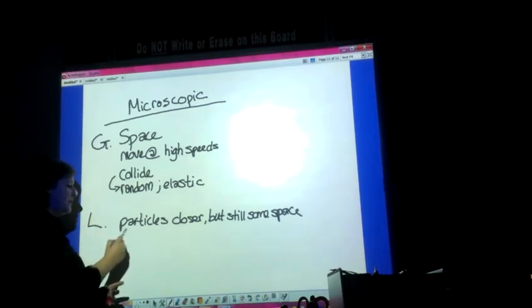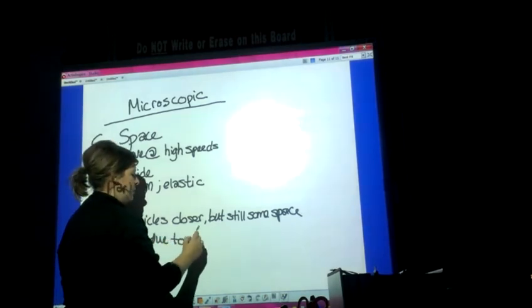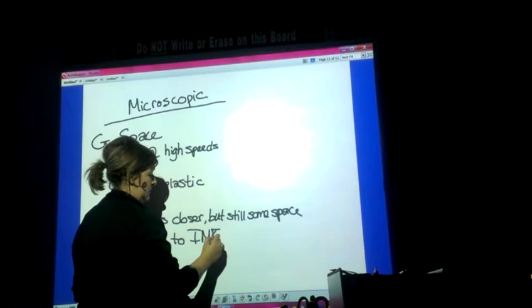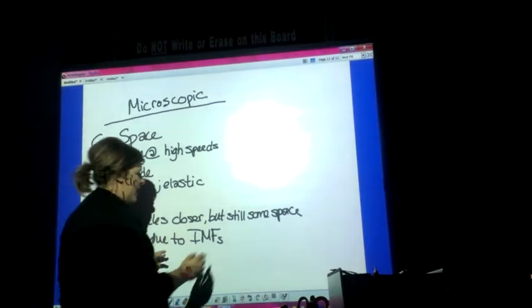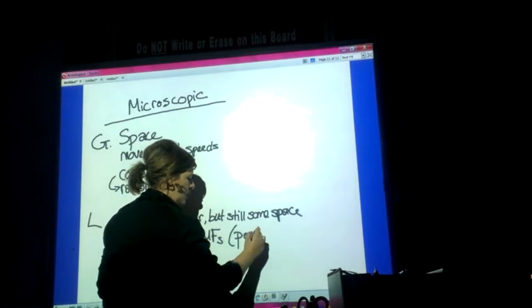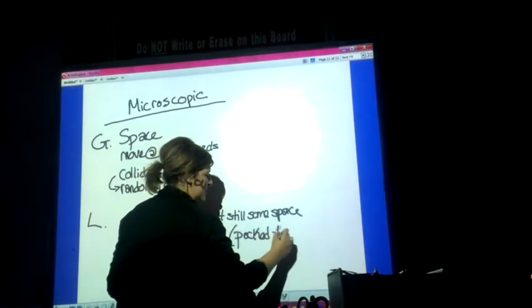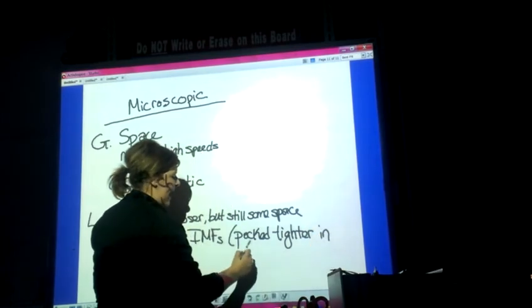So let's say for liquids, they can slide due to IMFs, intermolecular forces, or intermolecular attractions. But they're not nearly as fast, of course, as a gas, which we know. Let's also add just really quick, packed tighter in comparison to a gas.